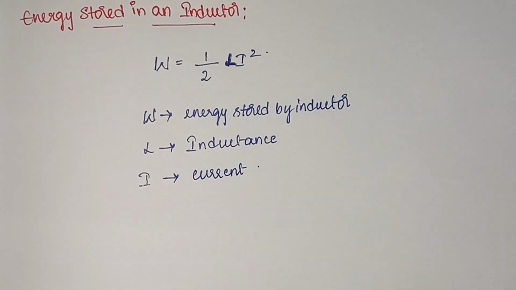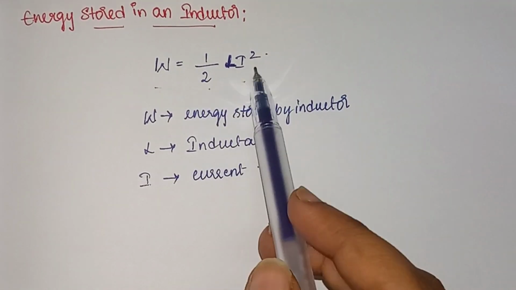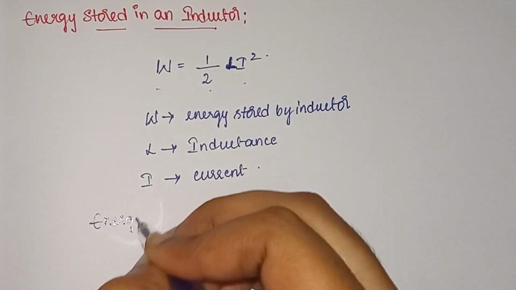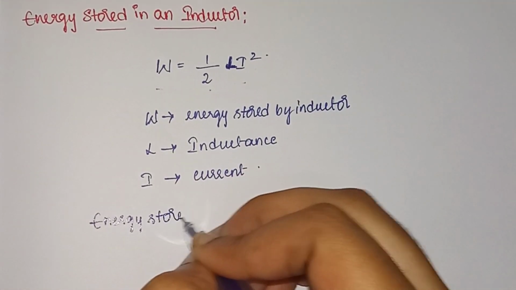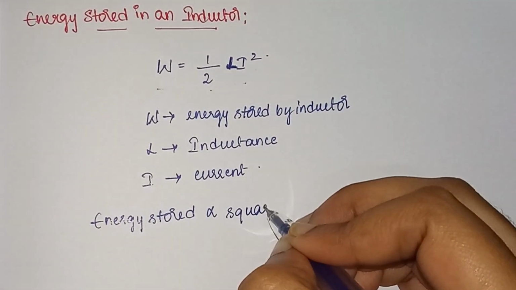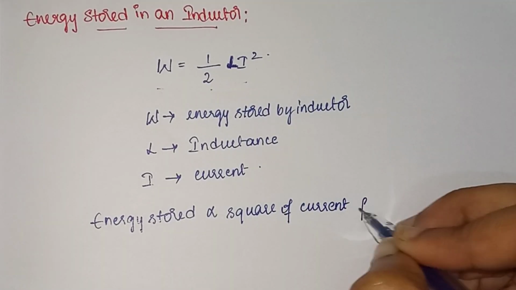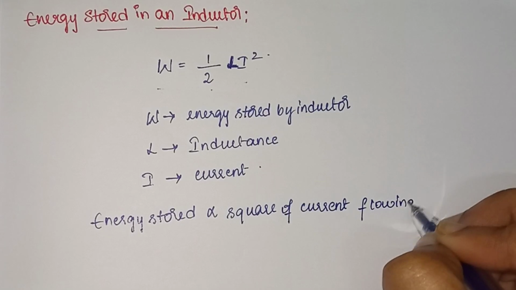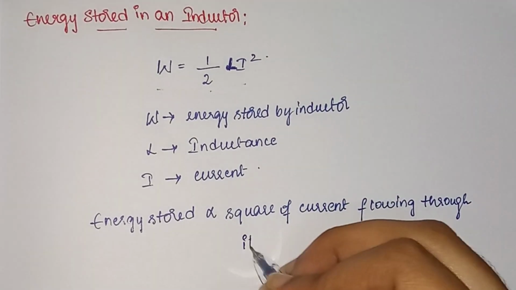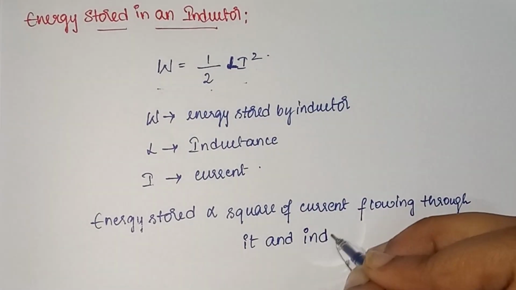So now see why this particular formula will arise. We have W is equal to half L i square. So here always the energy stored will be directly proportional to the square of current flowing through it and inductance of the inductor.